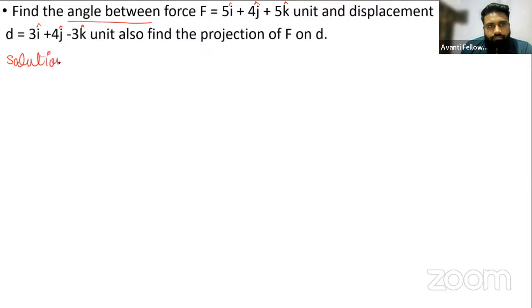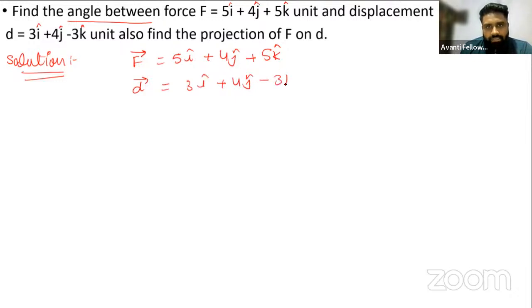Solution. Now here the force vector is given as 5 I cap plus 4 J cap plus 5 K cap. Okay. And the displacement vector is given as 3 I cap plus 4 J cap minus 3 K cap. Okay. So we have to find the angle between force and displacement.